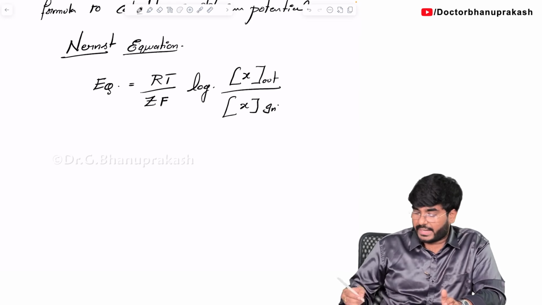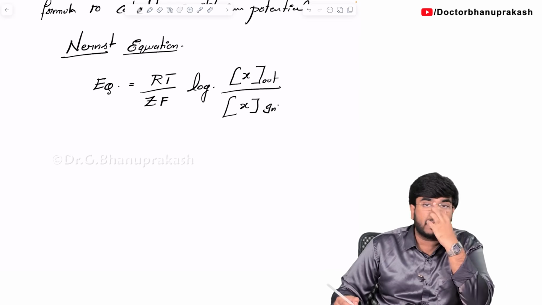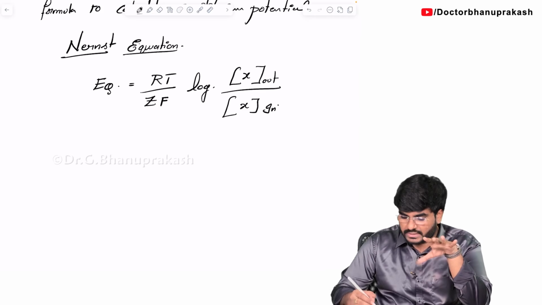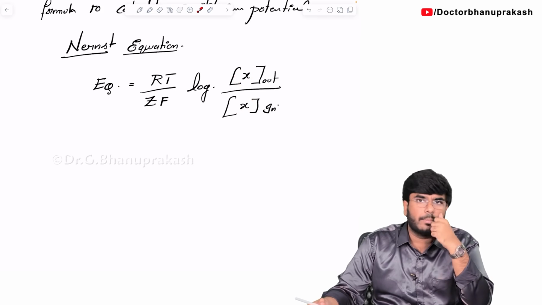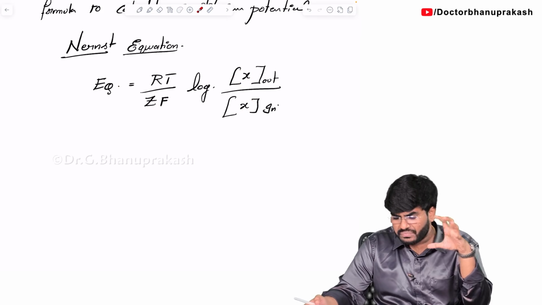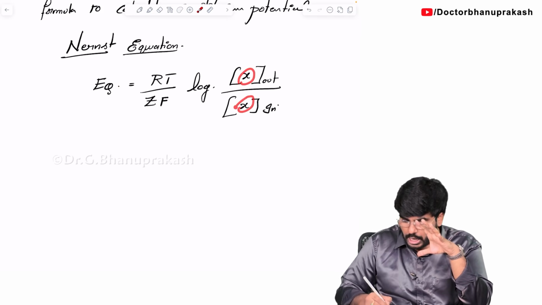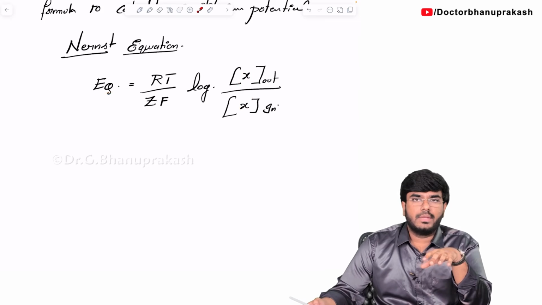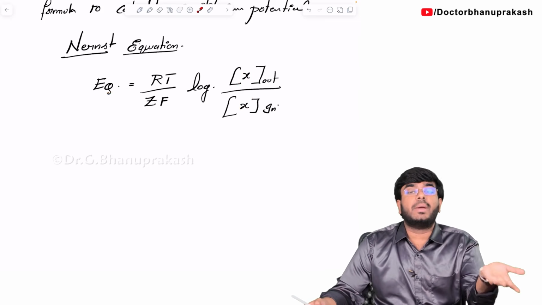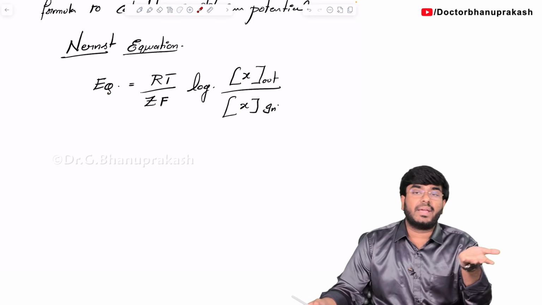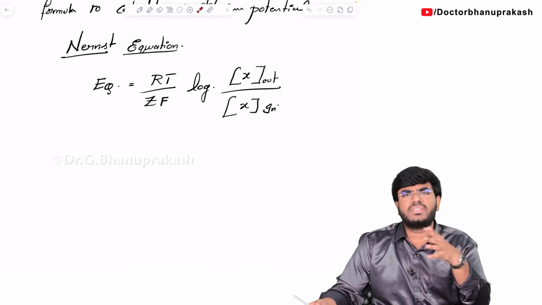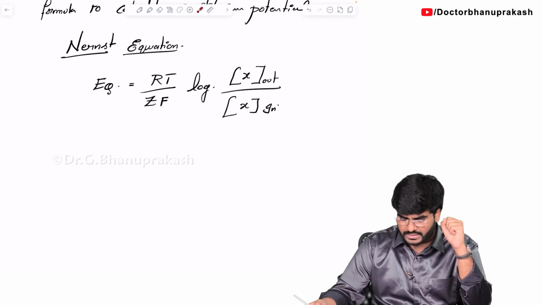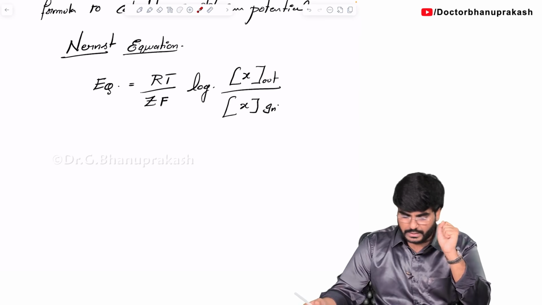So how much equilibrium potential is this particular ion creating? Is it going to create minus 60, minus 70, minus 80, minus 100, minus 5, minus 10, minus 20 inside the cell? Because of this ion, how much voltage is getting generated inside the cell? That is called the equilibrium potential of this particular ion.